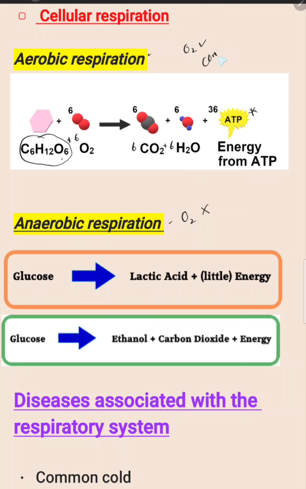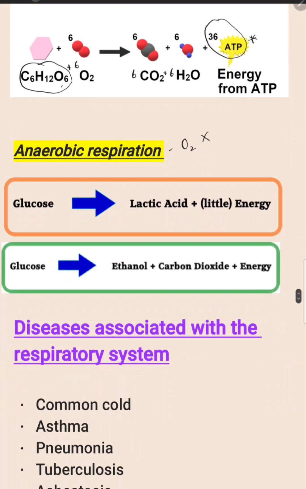In anaerobic respiration, the glucose undergoes incomplete oxidation. Also, in aerobic respiration a large number of ATP can be produced, and in anaerobic respiration a smaller number of ATP is produced. That means lower energy is produced.